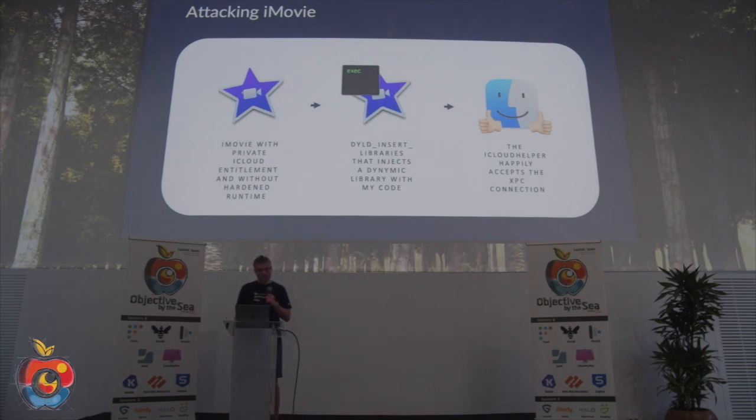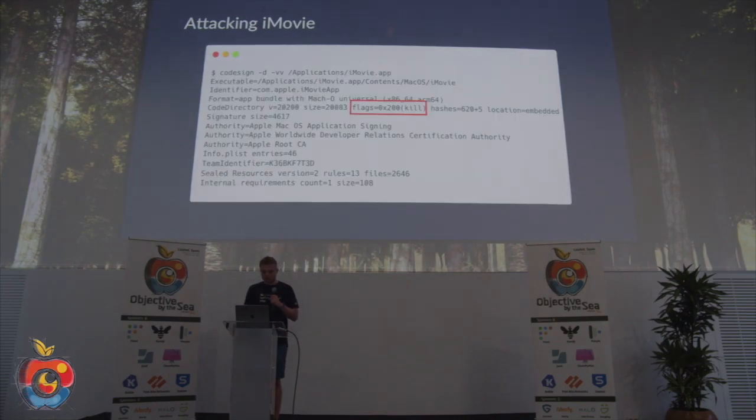So yeah, the same scenario, we inject our compiled dylib into iMovie, and again we will be able to do the same. So just to prove it, only the kill flag is turned on in iMovie. As you can see, this certificate has a team identifier, so it means that's the certificate that Apple uses for deploying App Store applications.